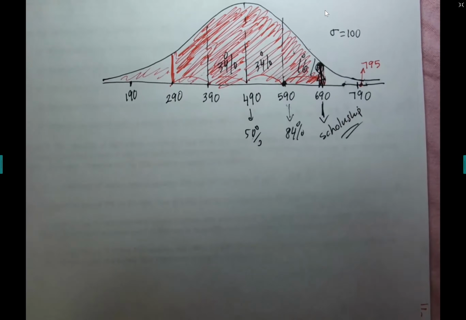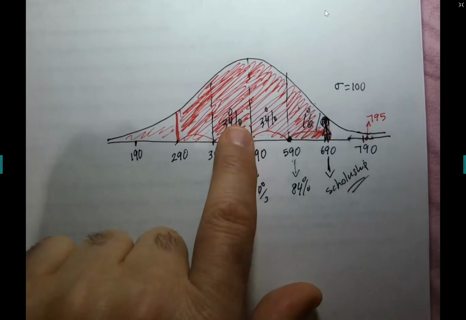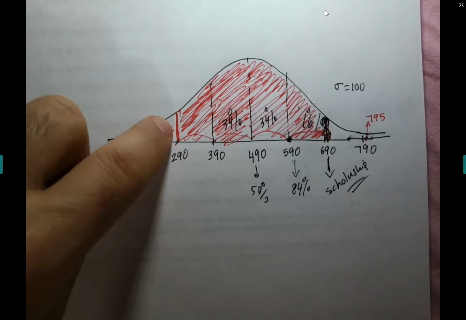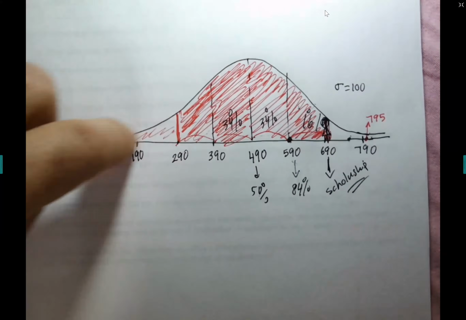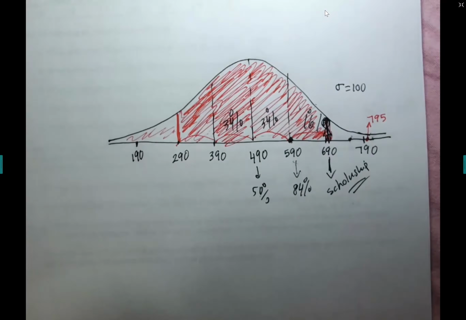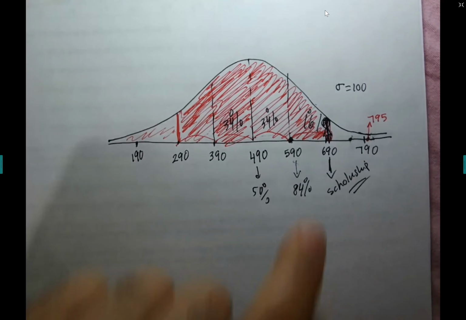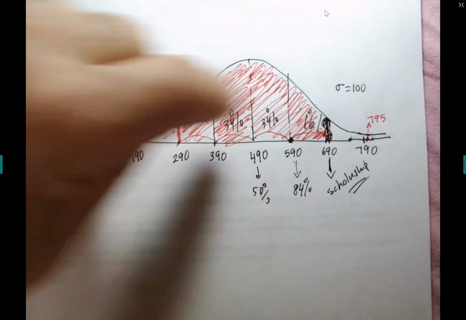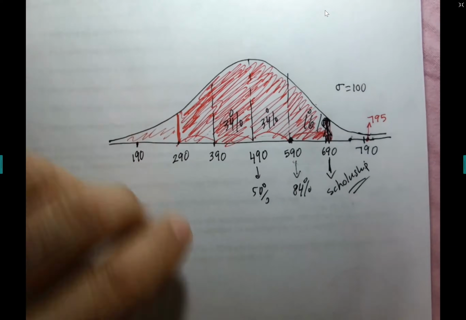So the red area, guys, is the 95%. How much is left for this and that from 100%? 5%. Split it up on 2 sides. If you split it up on 2 sides, this side will get 2.5% and this side will get the 2.5%.